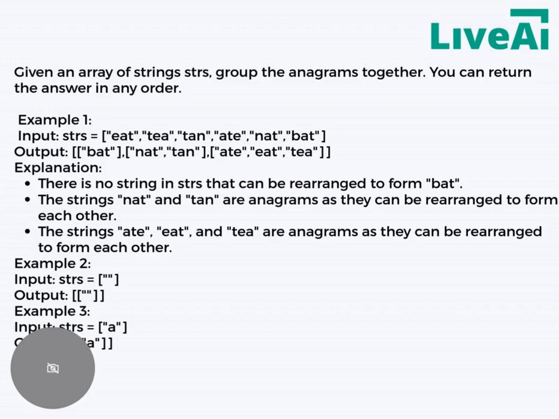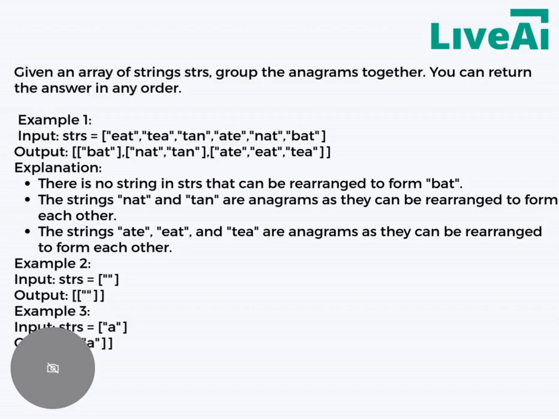So what's the explanation? There is no string in strs that can be rearranged to form bat. The strings nat and tan are anagrams as they can be rearranged to form each other, right? So it has the same three characters, and it's just arranged in such a way that it will form nat and tan.